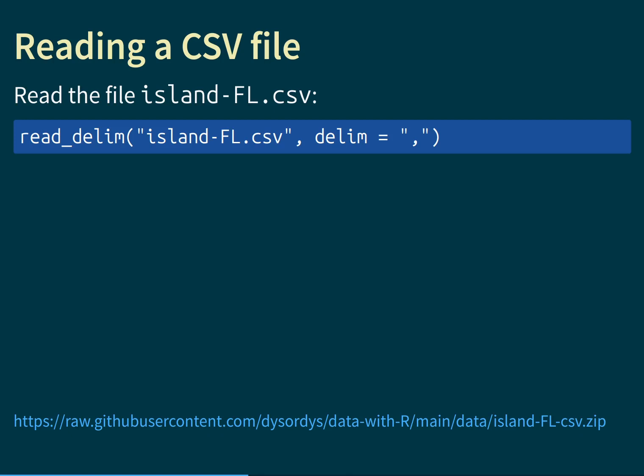So if the working directory is elsewhere, then either adjust the working directory to wherever the file actually is, or else be sure to prepend the file name with a full path to access the file. Maybe this is also a good point to mention something, just a little warning. So you see that the extension to the file here is .csv. That makes sense. This is a comma-separated value file, and those very often have this extension. But you should keep in mind that it is by no means forced to have that extension on comma-separated files.